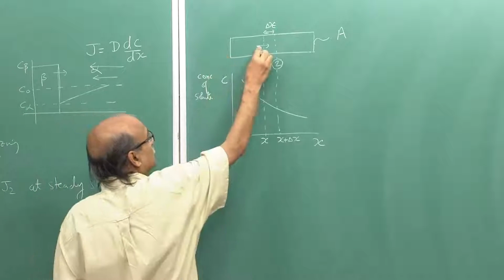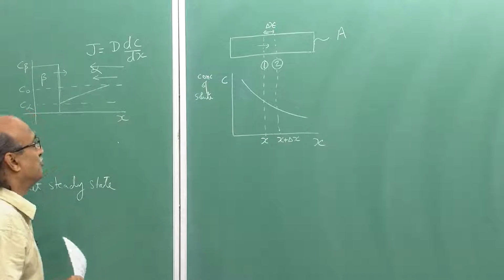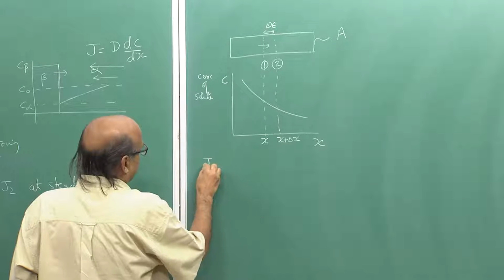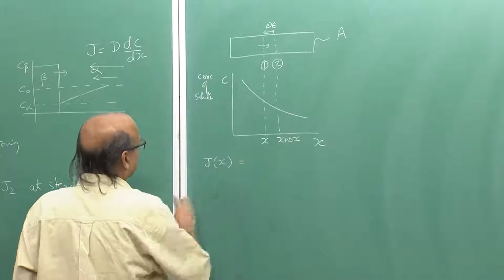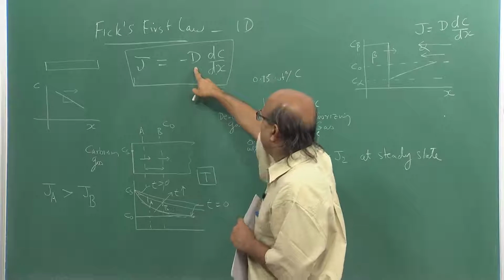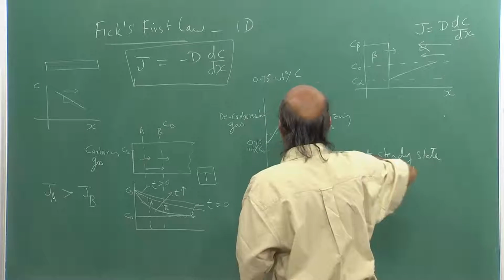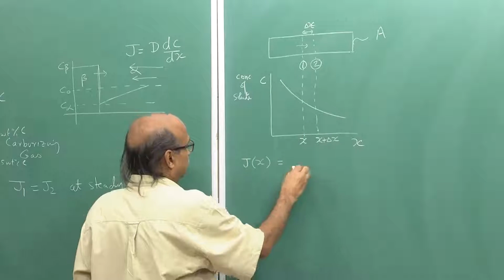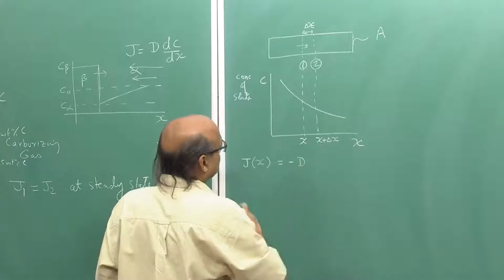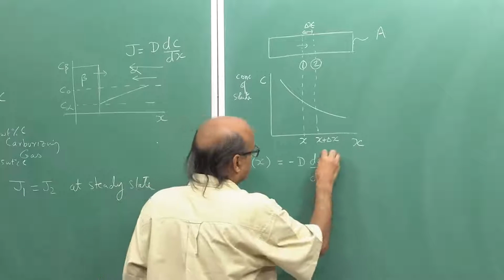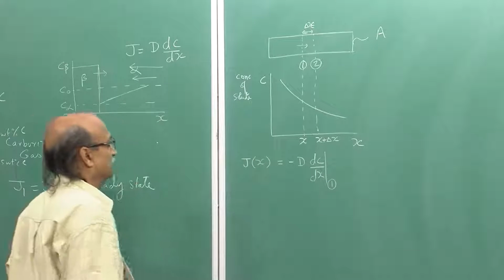The number of atoms diffusing across plane 1 per unit area per unit time. This directly comes from Fick's first law, which tells me that the flux should be minus D times the concentration gradient at plane 1, dC by dx. So, the flux at plane 1 would be minus D, the diffusion coefficient, dC by dx, the slope of the concentration profile at plane 1.